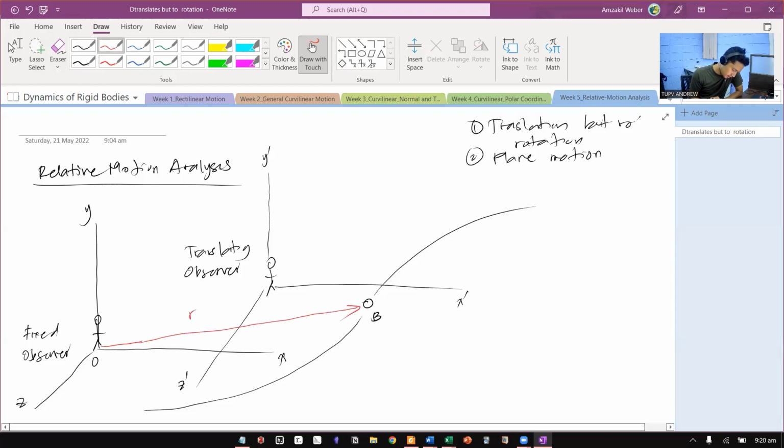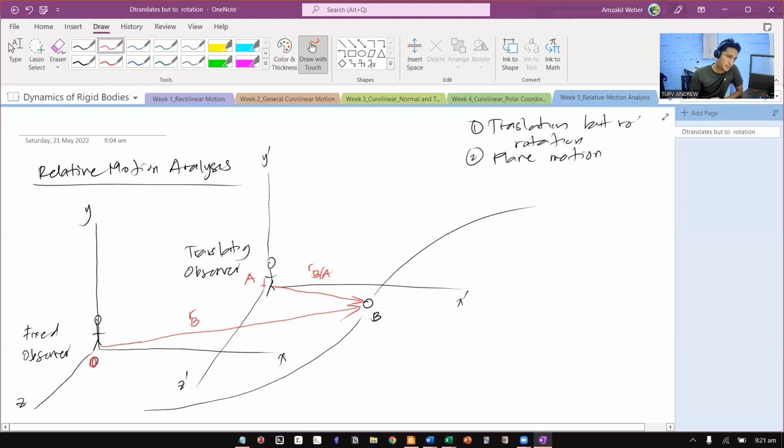This we call RB, the position of B. And the position of B with respect to the person at the translating observer is, of course, RB/A. RB/A means the relative position of B with respect to A, we call the person the translating observer A. This is O, this is A, for example.